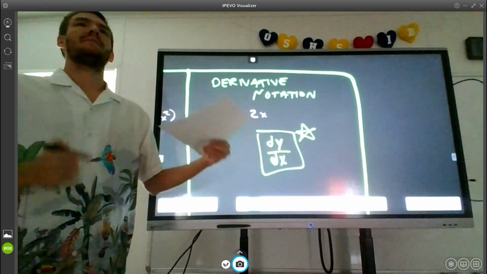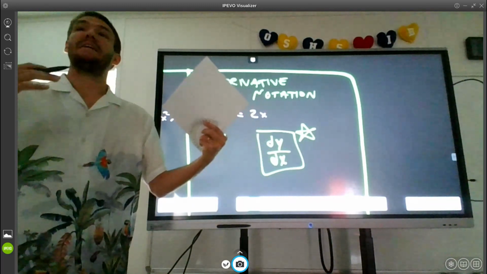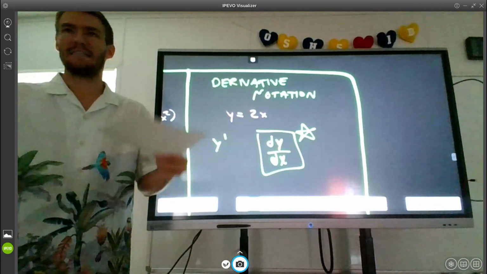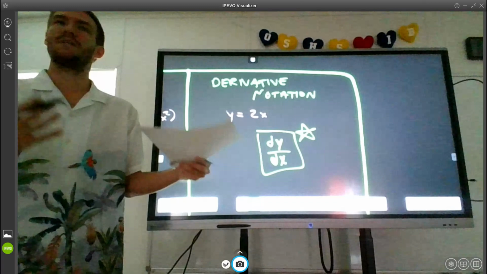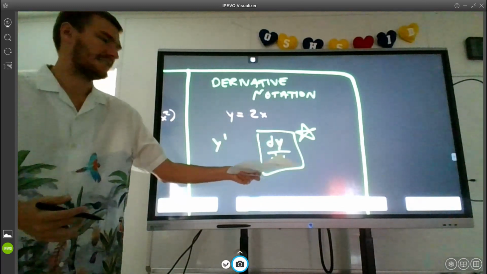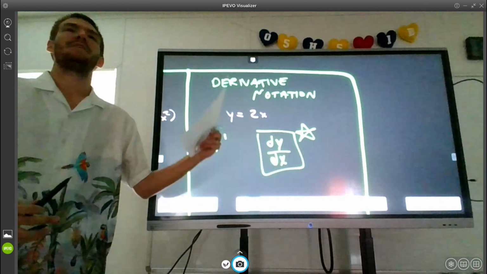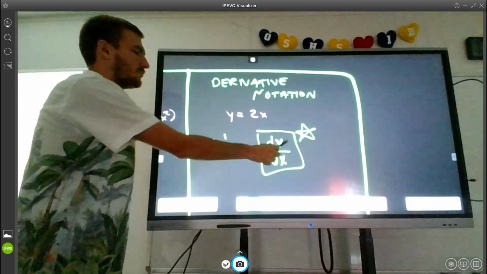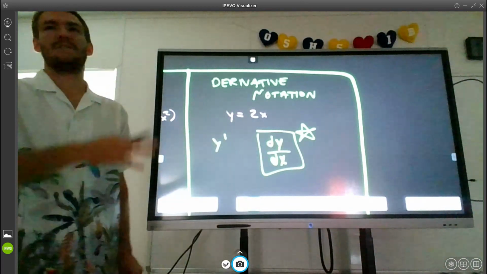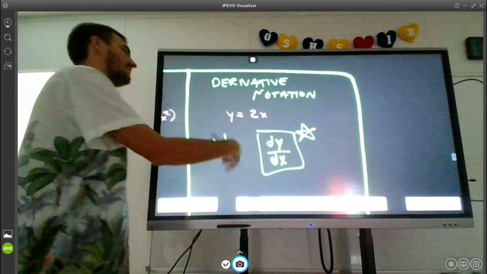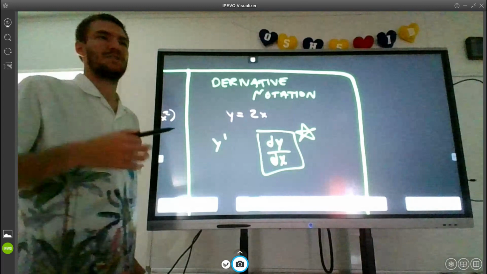Think about this. The derivative is the slope. The derivative is the gradient finder, right? That's what it does. And so this is more of an accurate representation of gradient. dy is like the difference of y, so like the change in y. And then at the bottom, dx is like the change in x.